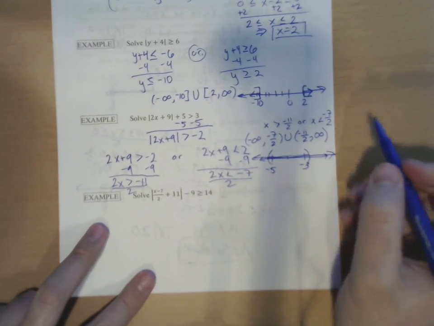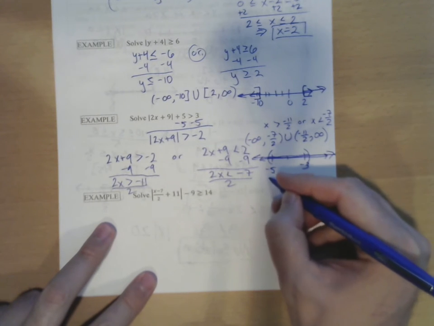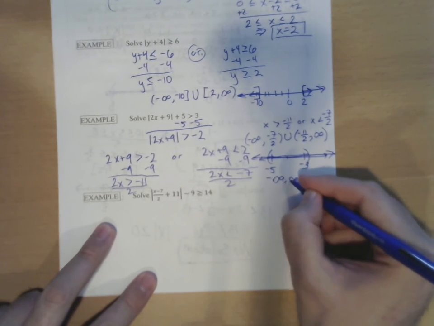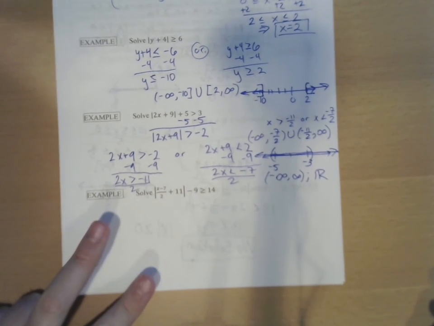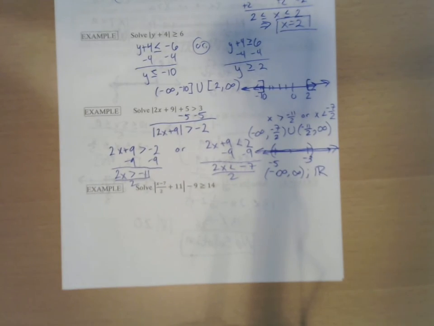And so what we see here is that this is actually negative infinity to infinity. Or if you remember from the first section of this chapter, all real numbers.